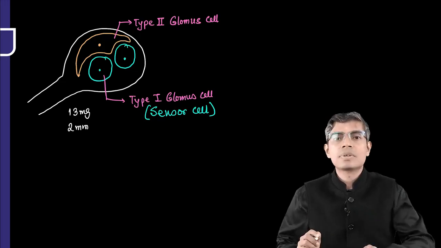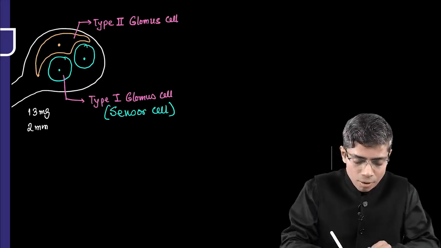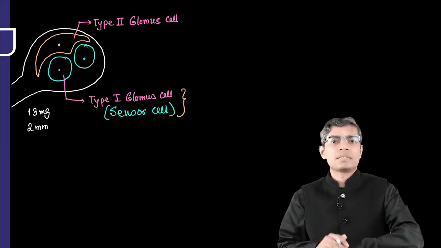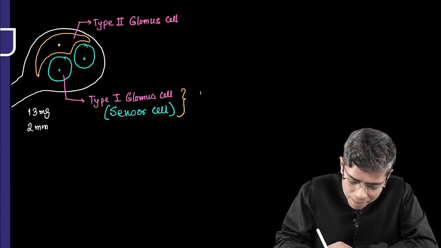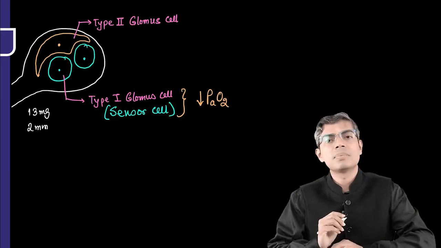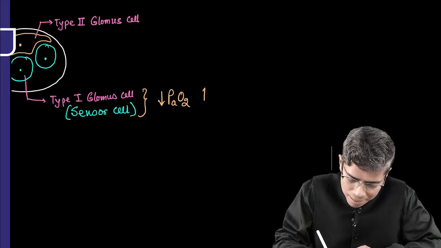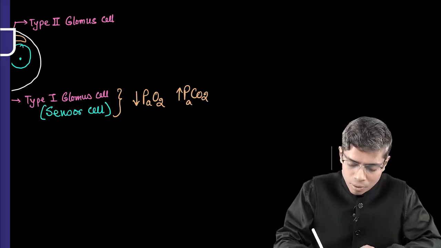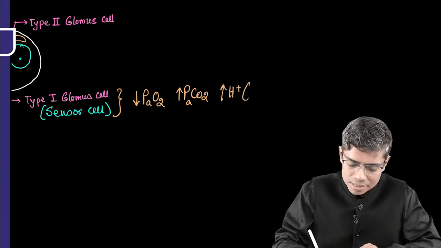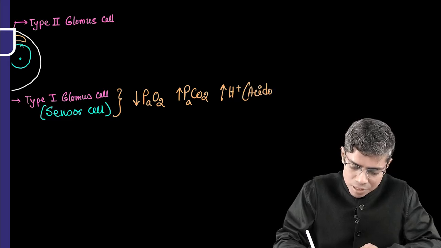So what kind of chemical can they sense, or what are the activators of this sensor cell? Number 1, decrease in partial pressure of oxygen in the arterial blood, increase in partial pressure of carbon dioxide in the arterial blood, or increase in H plus ion in the arterial blood. That is nothing but acidosis, right?